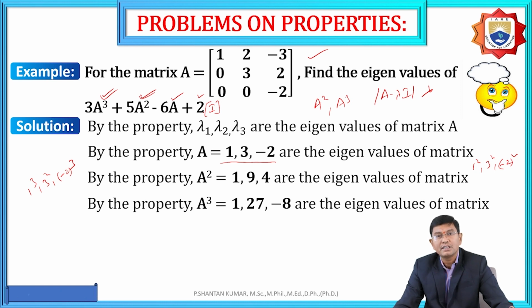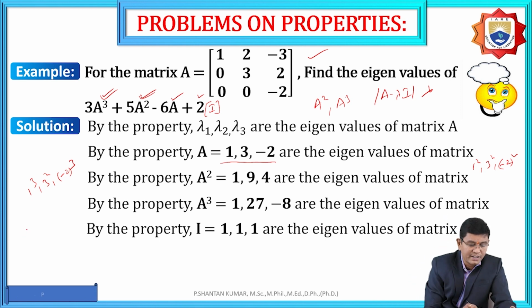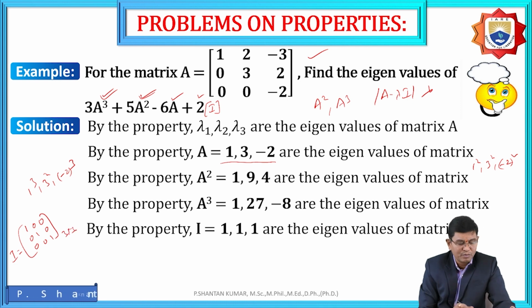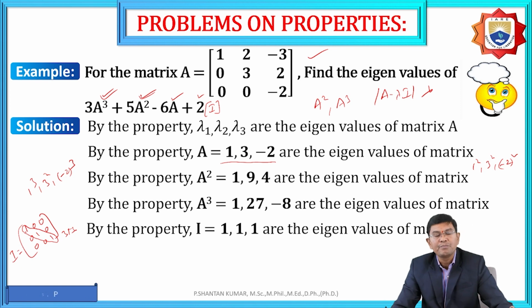Here the given matrix is 3 by 3, so the unit matrix has eigenvalues that are the diagonal elements, 1, 1, 1, because it is [1 0 0; 0 1 0; 0 0 1], the I matrix of order 3 by 3. The diagonal elements are the eigenvalues. Therefore, the eigenvalues of the I matrix are 1, 1, 1.